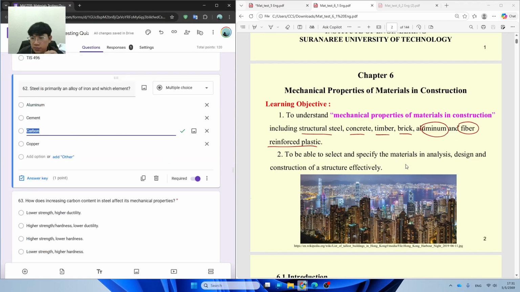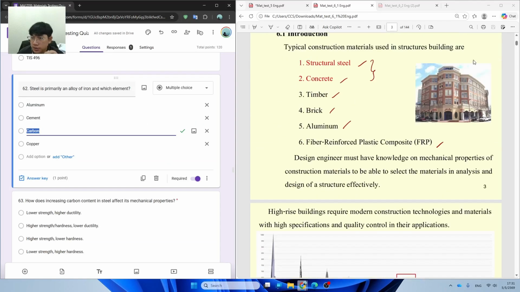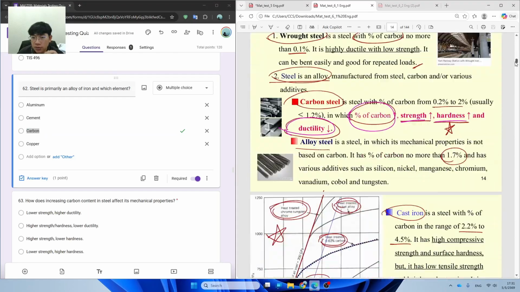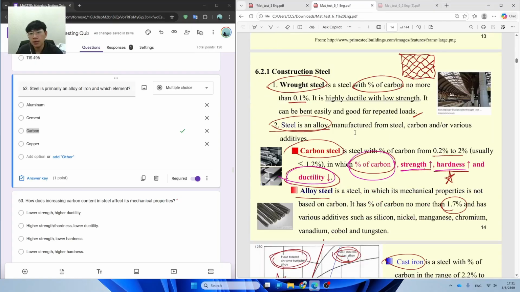To see this, we can just scroll down into here. You can see that the ductility of the steel depends on the percentage of carbon that we put into the alloy of the iron.